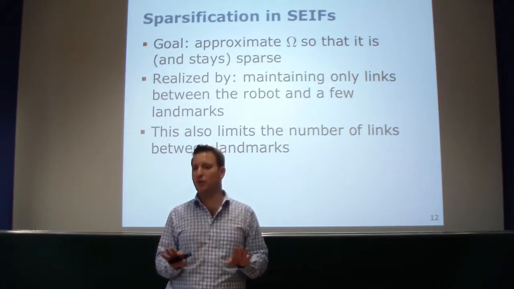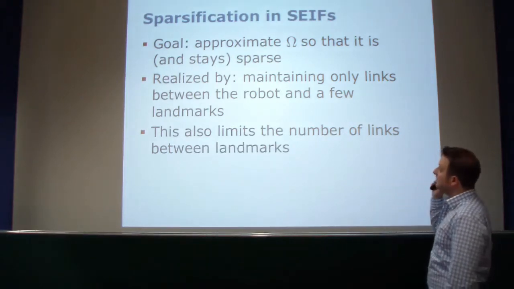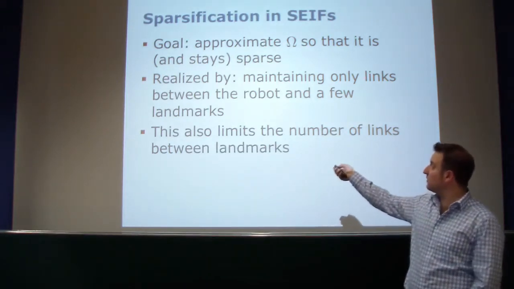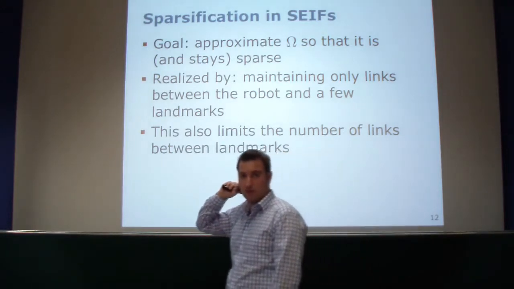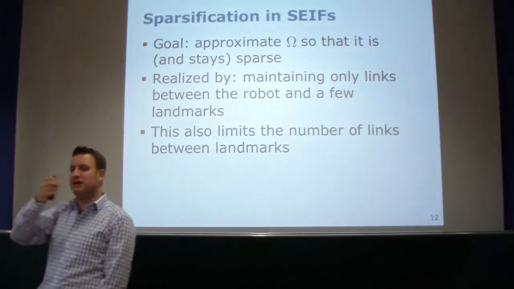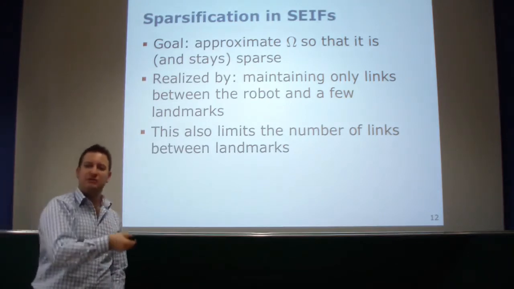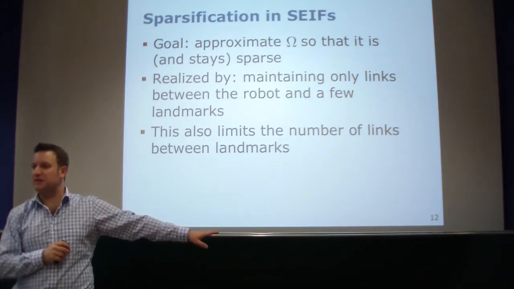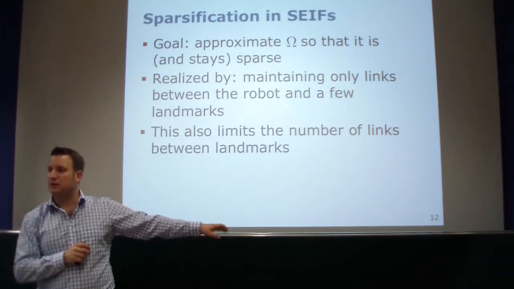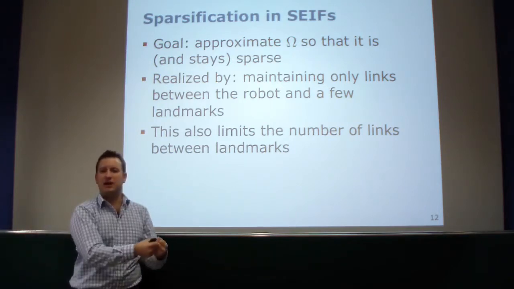This is what I wanted to avoid. So what the sparsification step does here is maintain only the links between the robot and a few landmarks, and these are the active landmarks. All the others are eliminated by the sparsification step. So whenever a landmark is active and becomes passive, I remove those links. The passive one stays passive, nothing is added to it. So I only need to take care of those that are currently active and should now become passive.